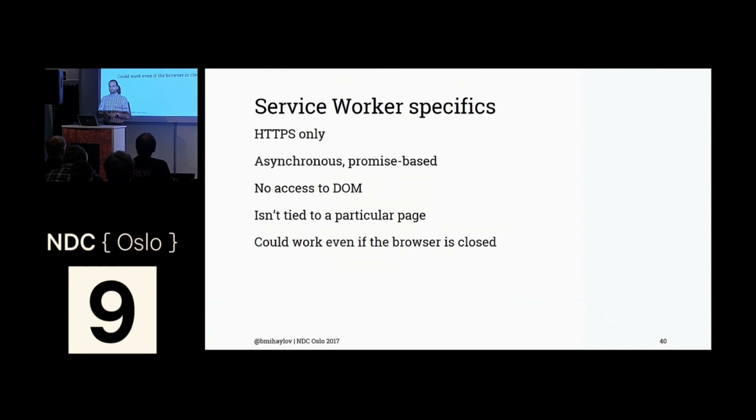Service workers give us a lot of opportunities, but they have some specifics that we have to be very careful with. They work only with HTTPS due to security reasons, and they work in a separate background thread. So the communication with your UI thread happens using messages, as you saw. There are events, and you can post messages to the browser and the UI thread and back.